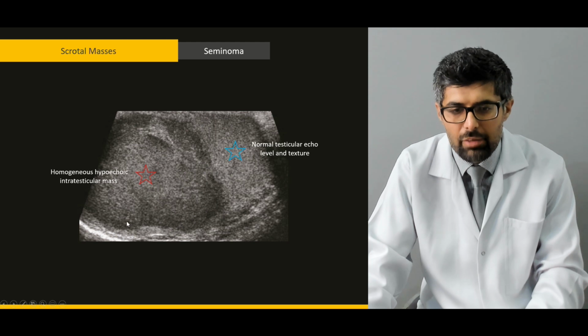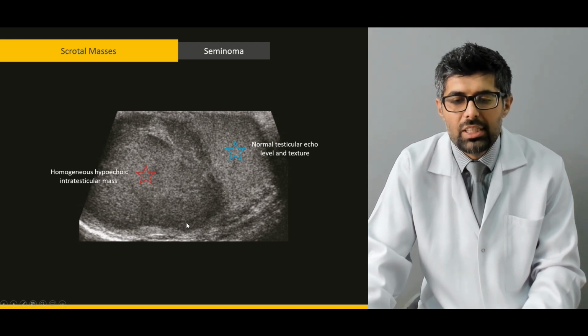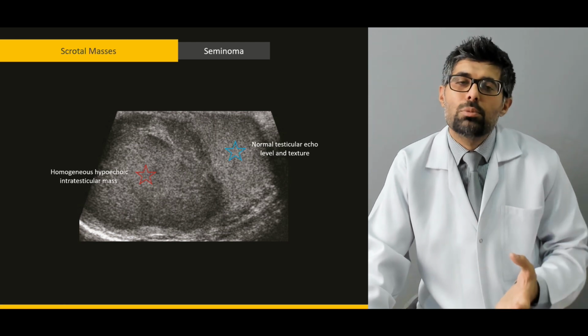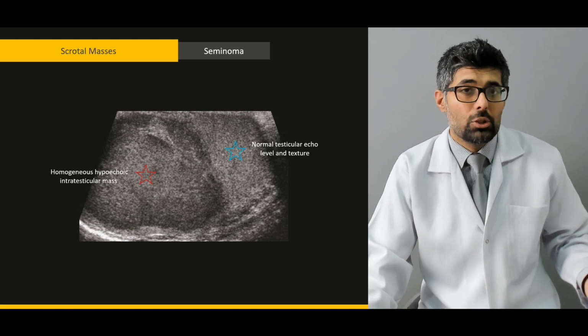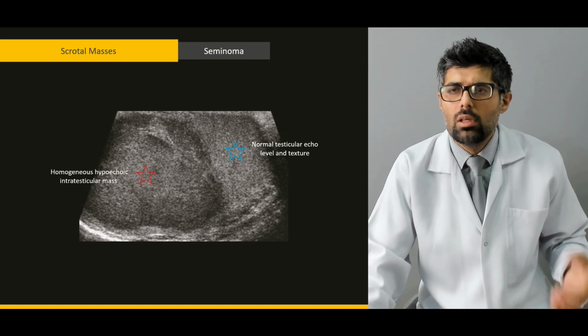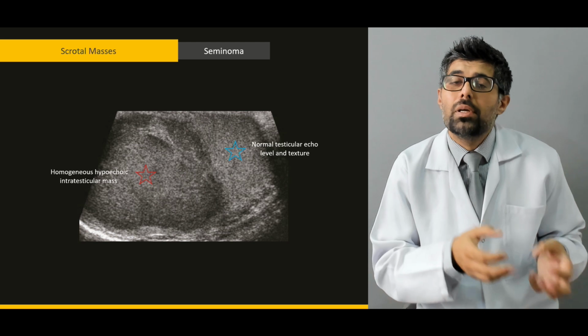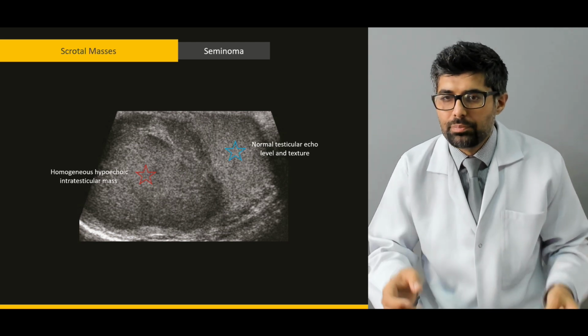It is derived from the walls of the testes and is of a malignant nature, as opposed to extratesticular masses such as spermatocele, which is also known as an epididymal cyst.